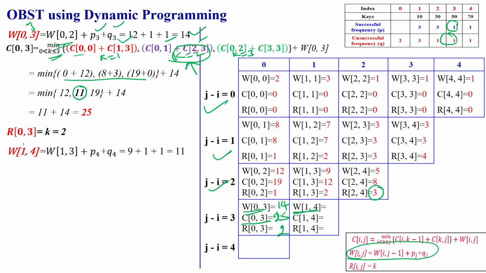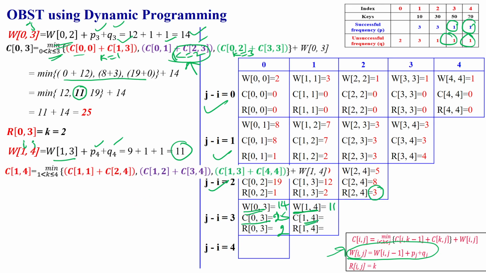So when you are substituting the i comma j value in this formula, then you will get w of 1 comma 3, p4 and q4. You have to substitute the values from here, then you will get the 11 for the w of 1 comma 4, right? Then we have to calculate for the c of 1 comma 4. When you are substituting the values for k equal to 2, k equal to 3, here k equal to 4. Okay, so three options are there.